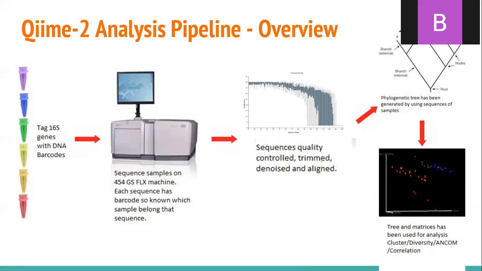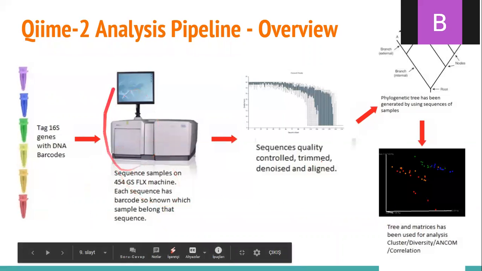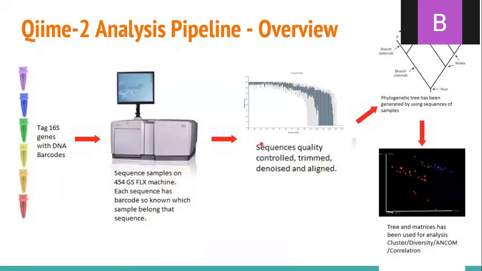This is how it is done, as an overview of the pipeline. First, the 16S genes in the wanted region are tagged with DNA barcodes to know which variant belongs to which sample. Then we sequence them in the Illumina machine, and then edit the sequences into the best quality format.